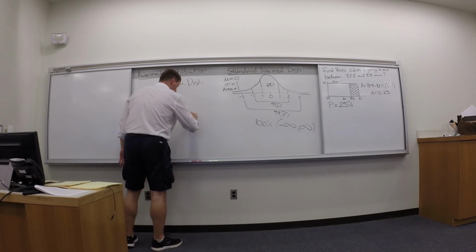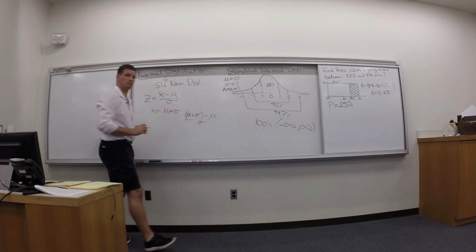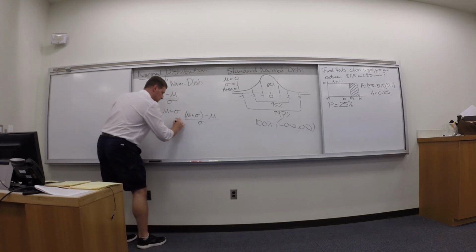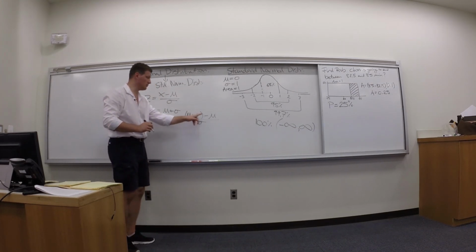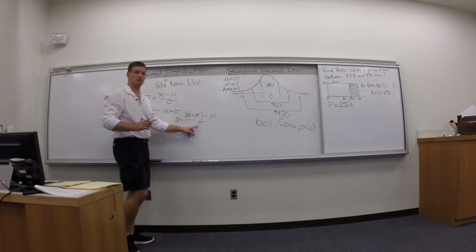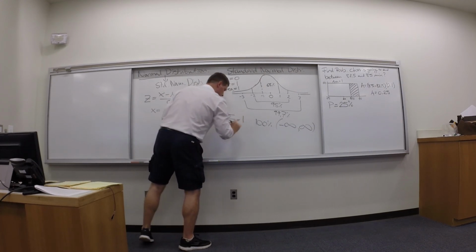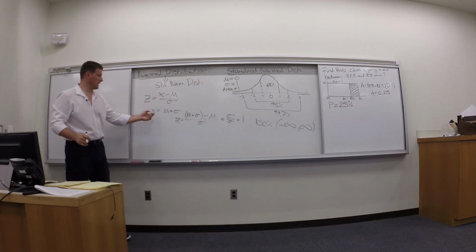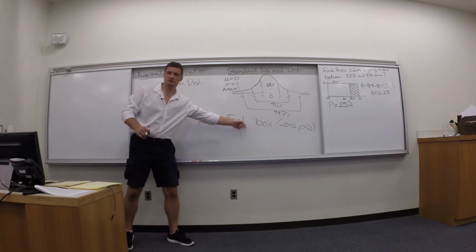Well, I get mu plus sigma minus mu divided by sigma. The z-score for this x is this. What is that? Well, it's mu minus mu, 0. Standard deviation divided by standard deviation is 1. So if my x value was 1 standard deviation away from the mean, it's at 1.